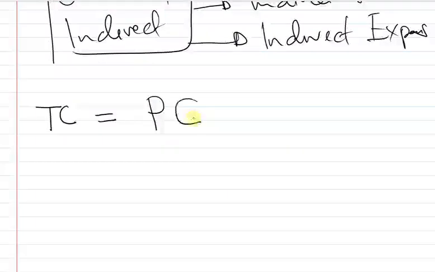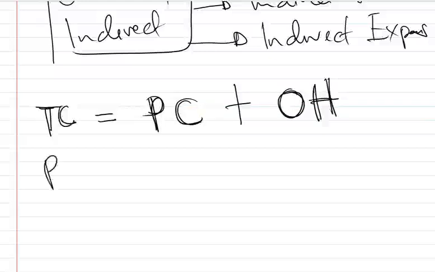So the formula for cost of a product is total cost is equal to prime cost (PC) plus overheads. So that will form the price of a product or product cost.